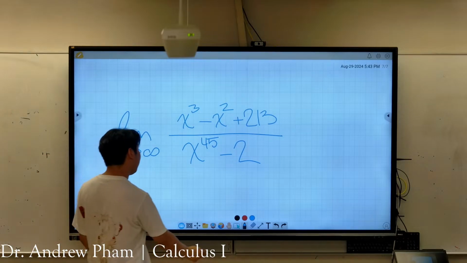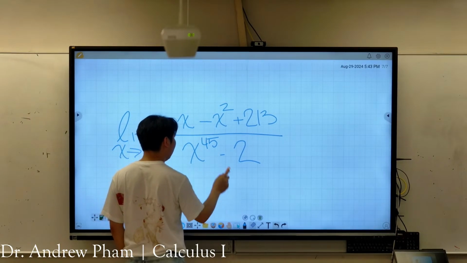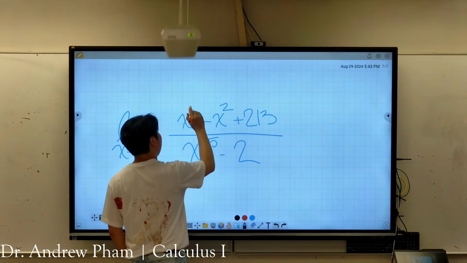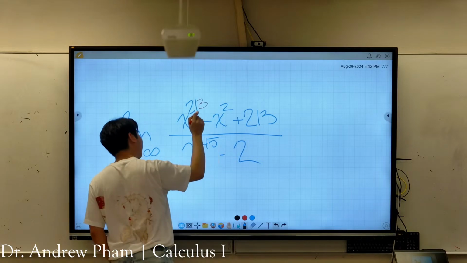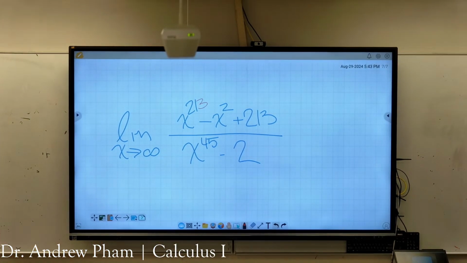What if I had something like this? Let me change this to 213 on the top. Which one has the higher power, the top or the bottom? The top for sure. If I were to look at this, then we're going to find out that this answer is going to be positive or negative infinity. We'd have to do a little bit more work.